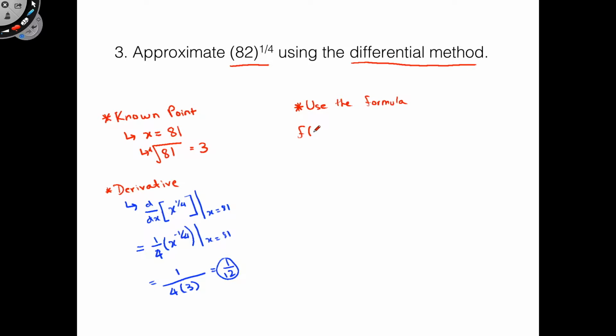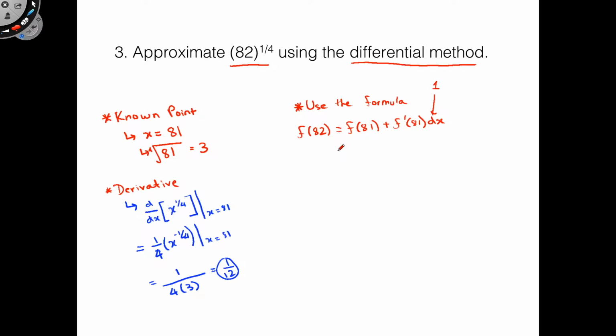And that is going to be f of 82 is going to be f of 81 plus f prime of 81 dx. And of course that dx is just the difference between 82 and 81, which is just going to be 1.